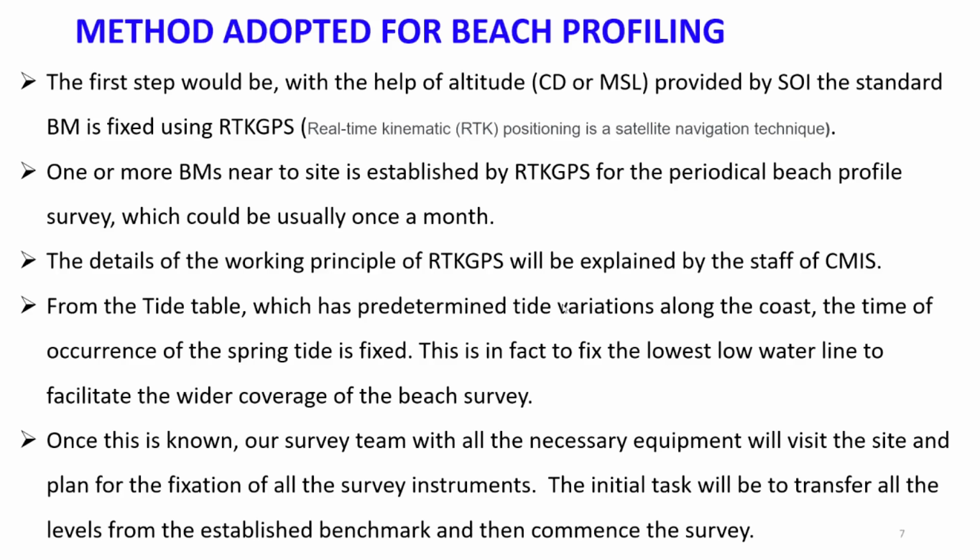From the tide table, which is published prior, the tidal variations along the coast, the time of occurrence of the spring tide is known prior, and this is noted, and this is in fact to fix the lowest low water line to facilitate us to cover a wider range of the beach width.